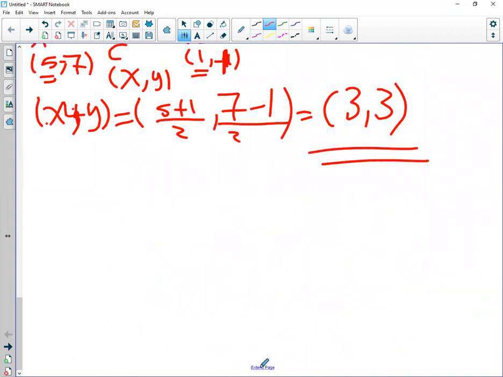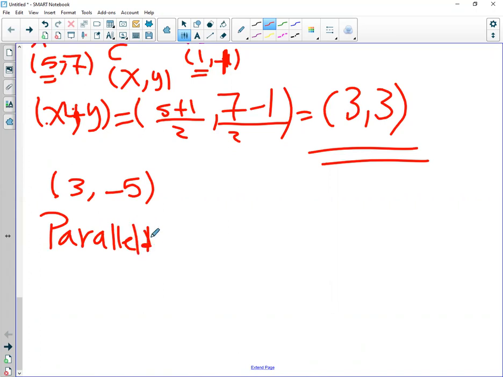The point that the straight line passes through is 3 and -5, and it is parallel to the y-axis. We know that the equation equals what? Do you know the equation equals what?